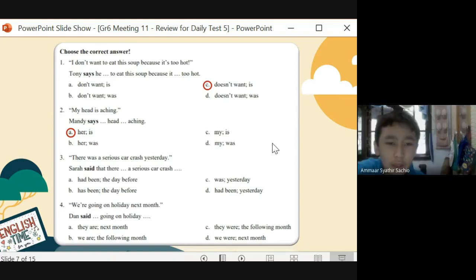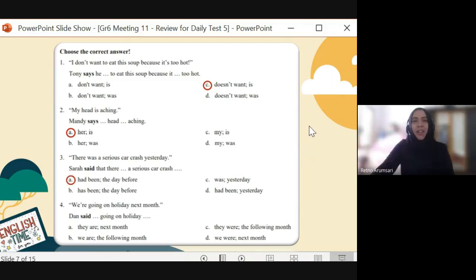Sarah said that there had been a serious car crash the day before.